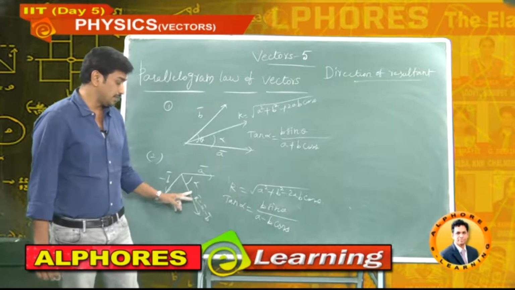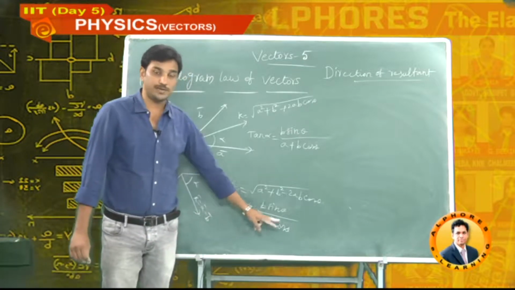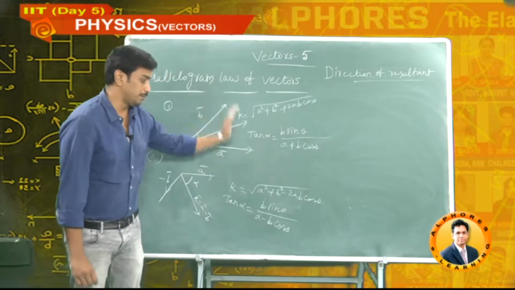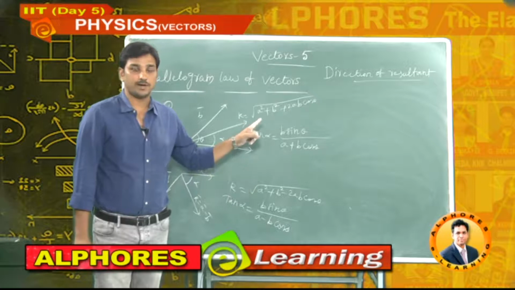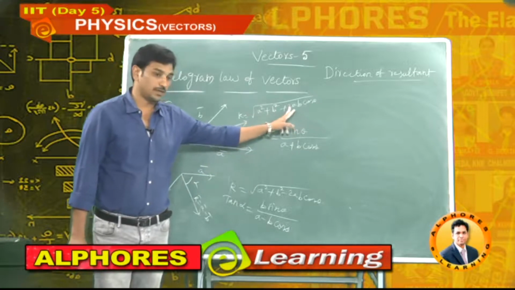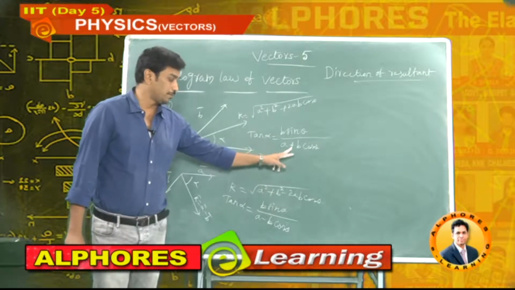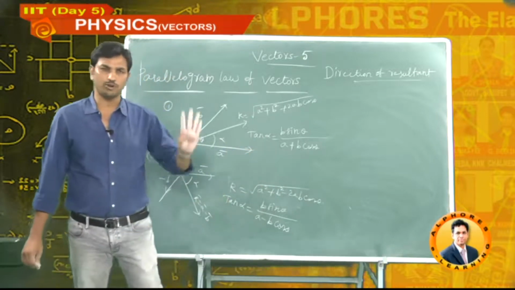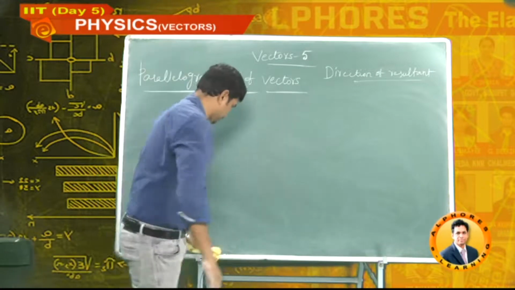The angle made by the resultant with the horizontal vector is alpha, b sin theta by a minus b cos theta. You should remember these formulas. Understood? Simple. For a bar plus b bar, the magnitude has plus; for a bar minus b bar, minus. In the angle denominator, here plus, here minus. Only these four formulas you should remember. Easily, comfortably you can solve the questions.